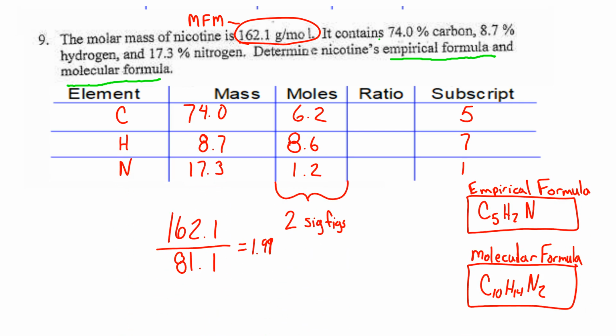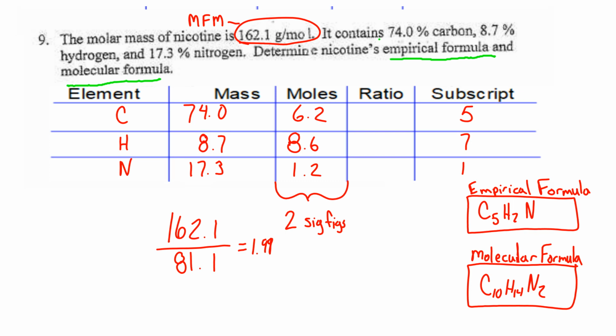All right. So going through there, it contains carbon, hydrogen, and nitrogen. So I'm going to convert that 74% to 74.0 grams. I'll convert the 8.7% to 8.7 grams for hydrogen and 17.3% for nitrogen to 17.3 grams.